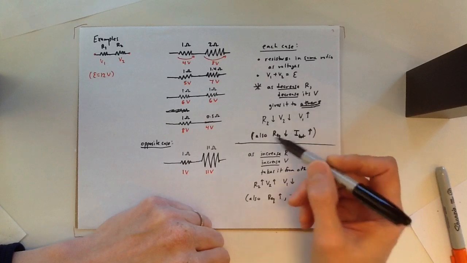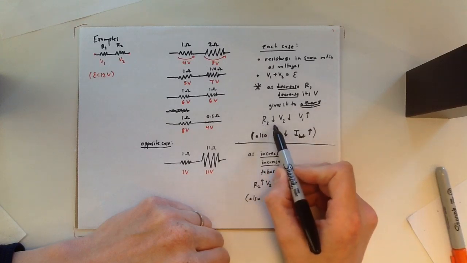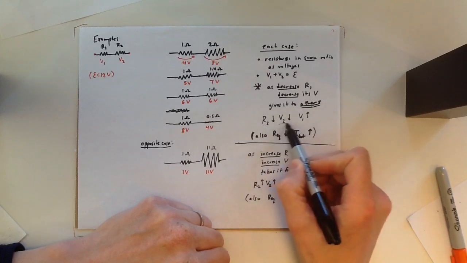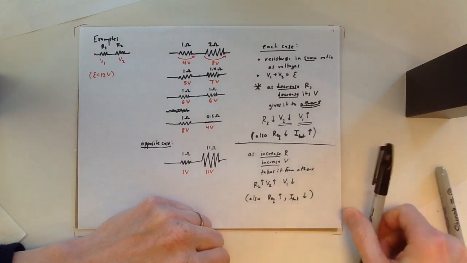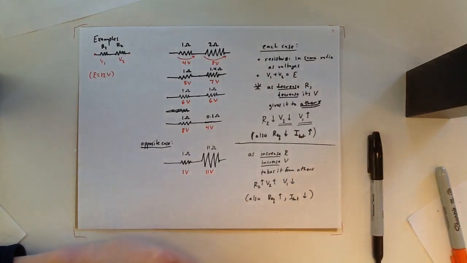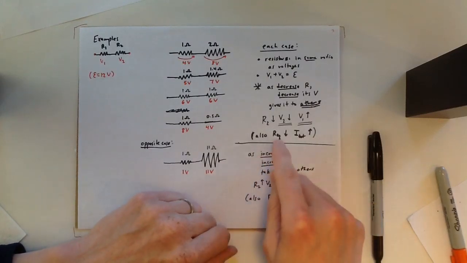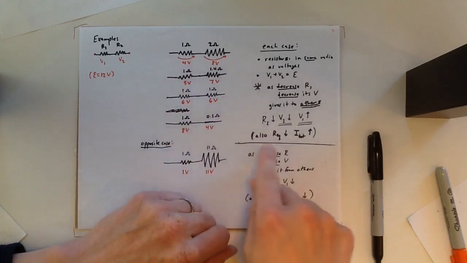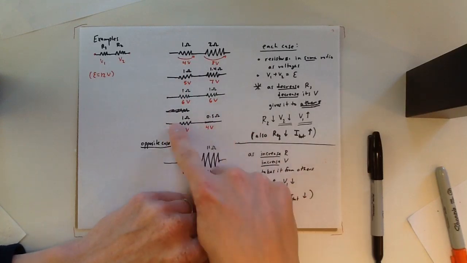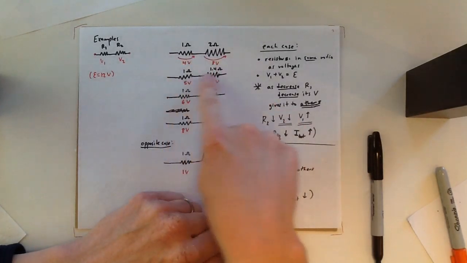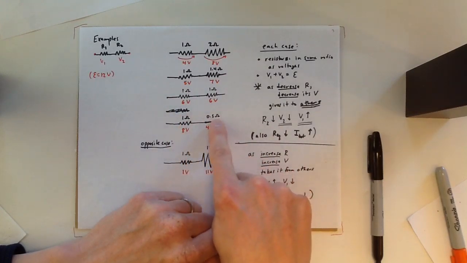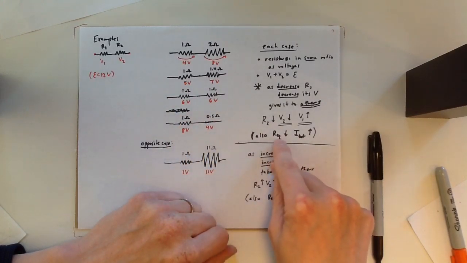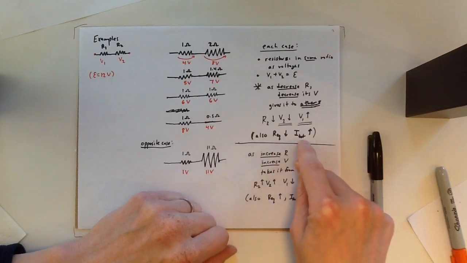So what I'm wanting you to see is that as I'm decreasing R2, I'm decreasing its voltage and it's giving it to others. Okay? So that's the big thing I want you to notice here. We're going to carry that going forward onto the next page. Also, I do want to point out that I'm making the resistance of this chain overall less, right? So these resistors, if I'm not touching the first one and I'm making the second one smaller, I'm definitely decreasing the resistance of the circuit overall, so there will be more total current.